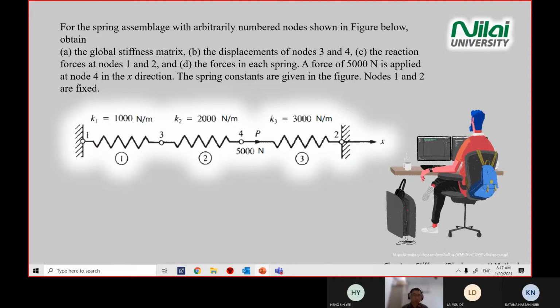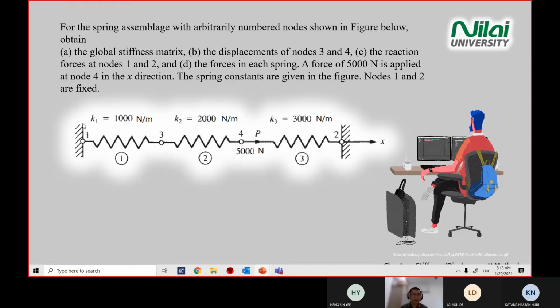We look at question number 10. On your screen, you will see a set of springs aligned linearly, in a series. We have 3 springs here, and the stiffness of each spring is given. The symbol 1 in a circle means element 1, spring number 1, then spring number 2 and spring number 3.